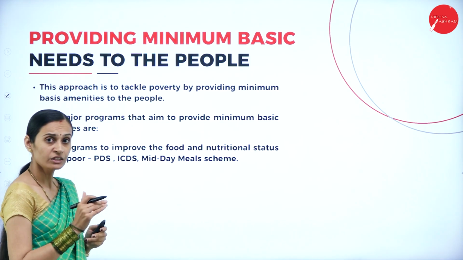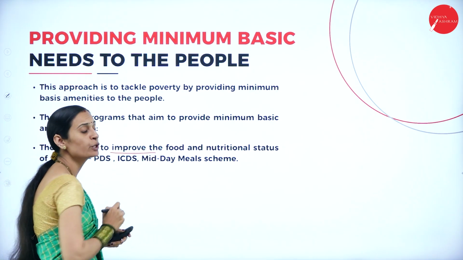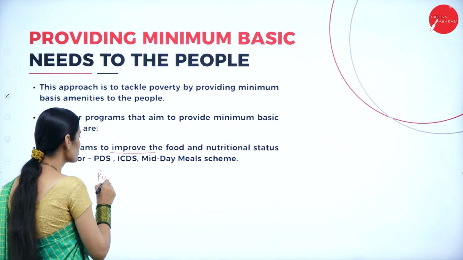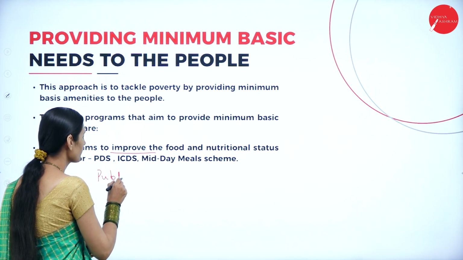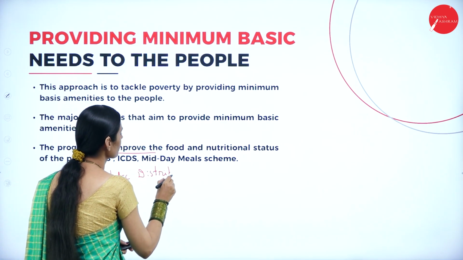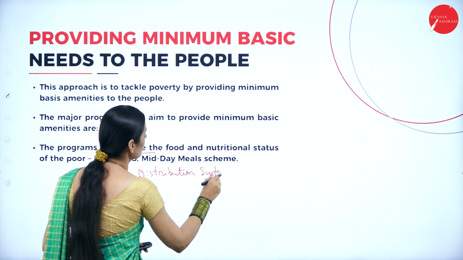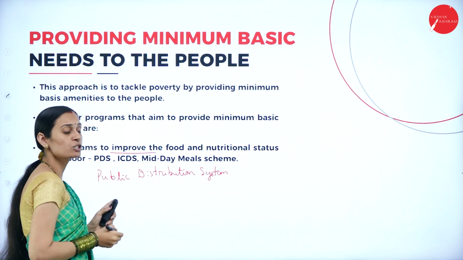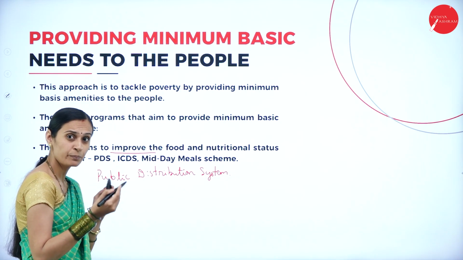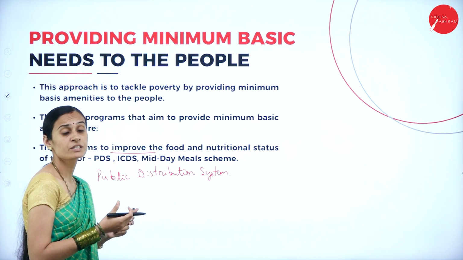So it includes three important programs, and the first is to improve food and nutritional status. Under this, the first one is the Public Distribution System. This started in 1977 during the period of the Bengal famine, and now it works through the Targeted Public Distribution System.